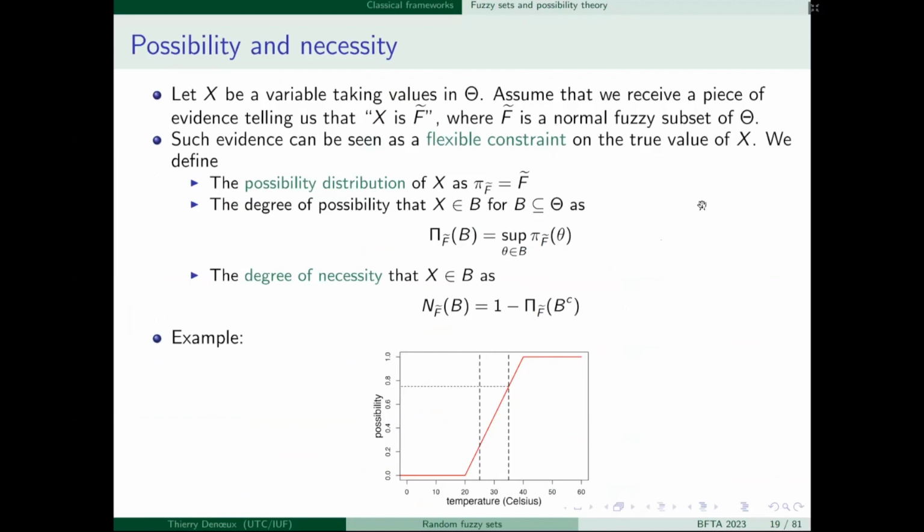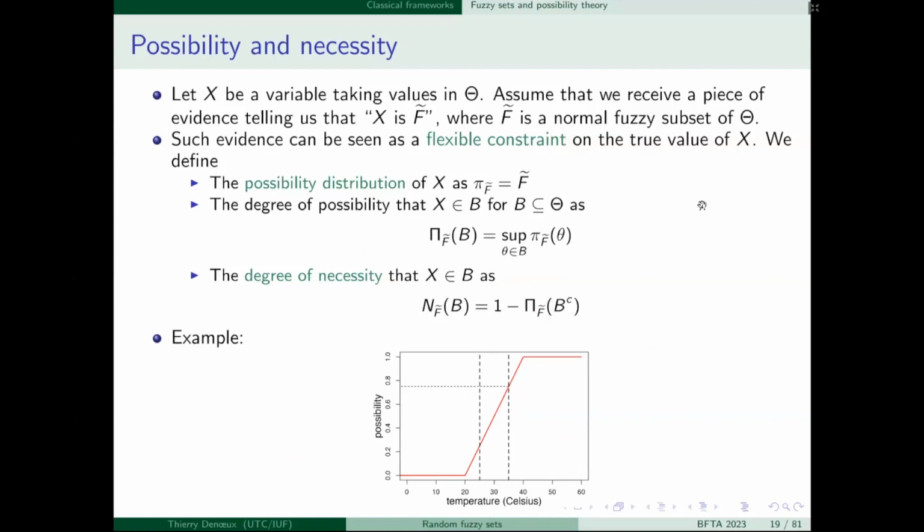For example, I can take this example here. You know that it's hot. What is the possibility that the temperature is 35 degrees? So it is equal to the degree of membership of 35 to the fuzzy set of hot temperatures. Okay. So in one case, you have an interpretation in terms of degree of membership. In the other case, you have an interpretation in terms of degree of possibility if you have this flexible constraint. Okay. And so the answer is like maybe 0.75, something like that.